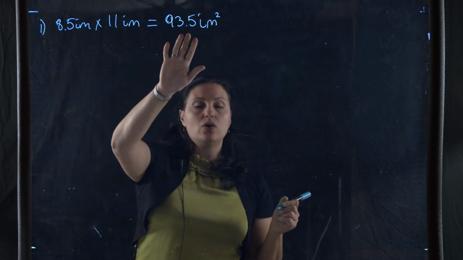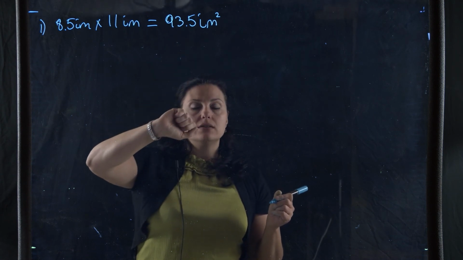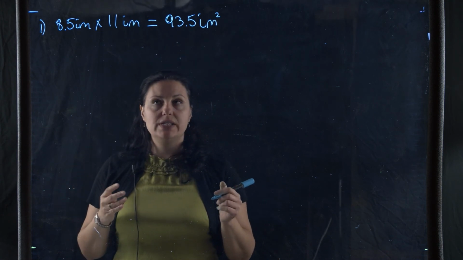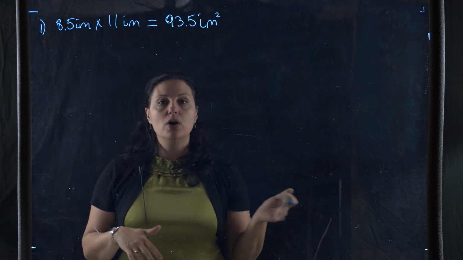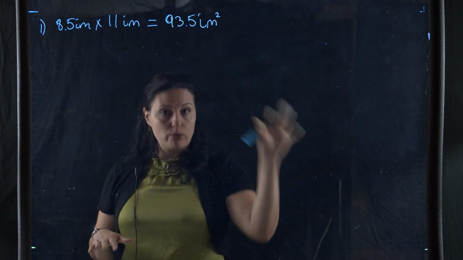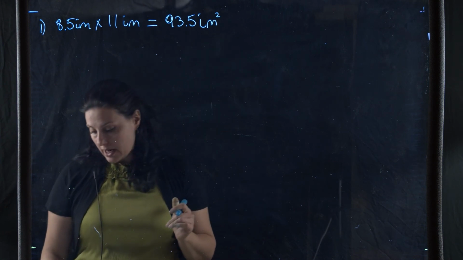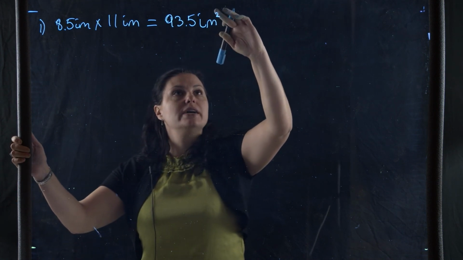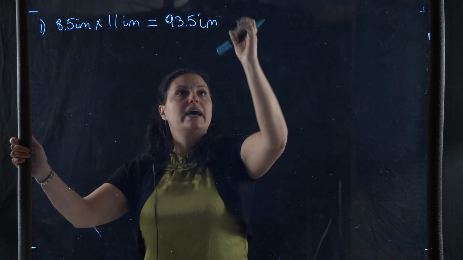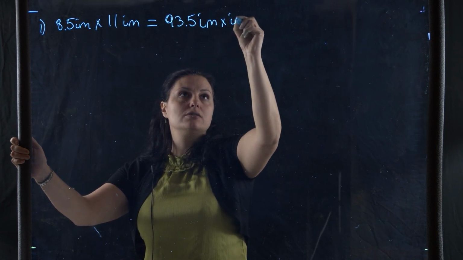Now, I'm not going to round yet to the correct number of significant digits, because if you round after every step, you will get a large error. So we'll round at the very end. But you should get this particular number.